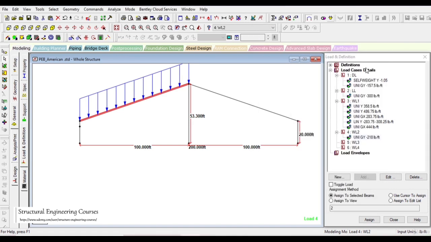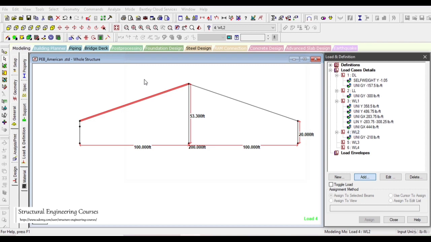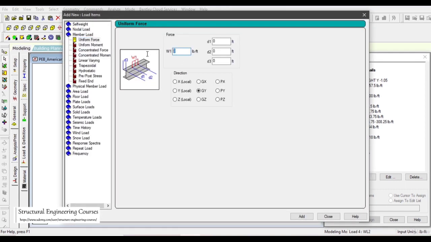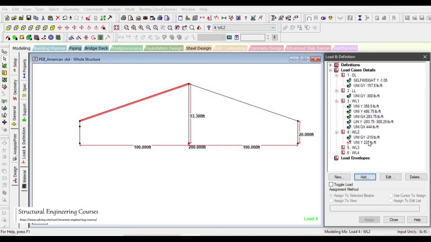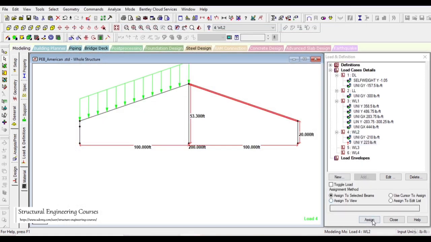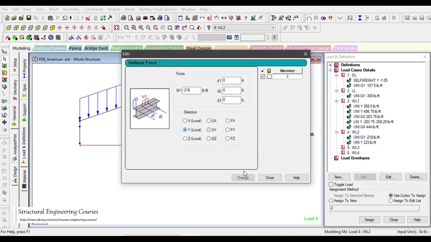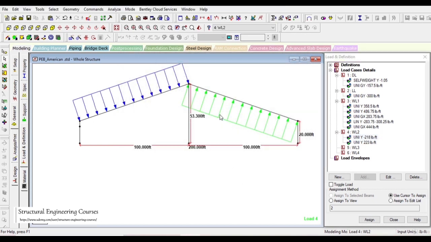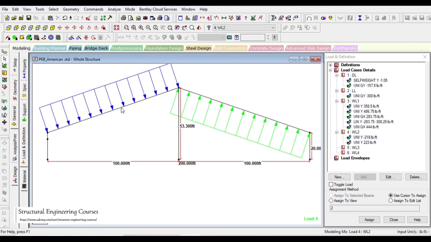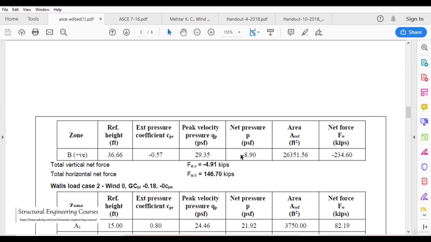It comes out to be 223. So we can enter 223. Direction we can enter it as local, and here we can assign it like this. For that also we should select local only. So this is acting towards the structure because this value was positive, and this is acting away from the structure as this value was negative.